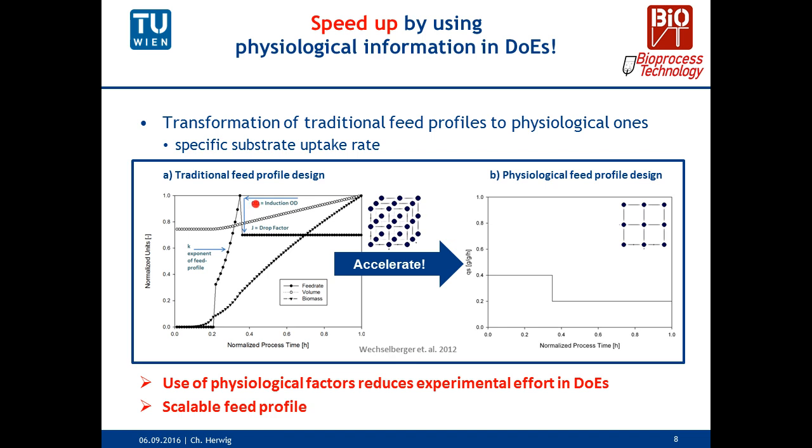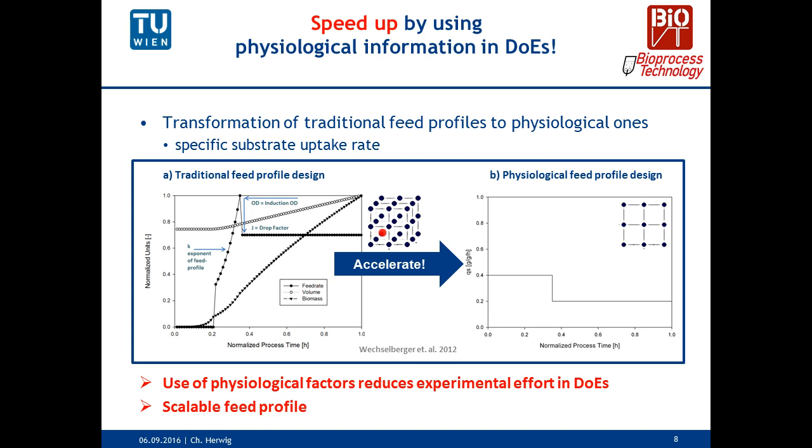Here you see the task of, for example, optimizing a certain feeding profile of a fed-batch process with 3 factors which normally you need to adjust in order to know their dependency on maximum product titer, for example. This would need here a cube design and 29 experiments.